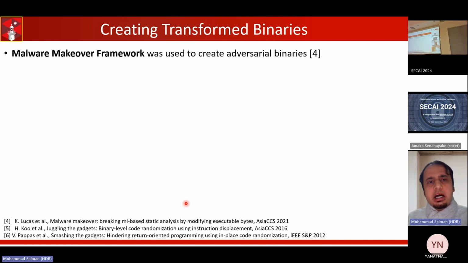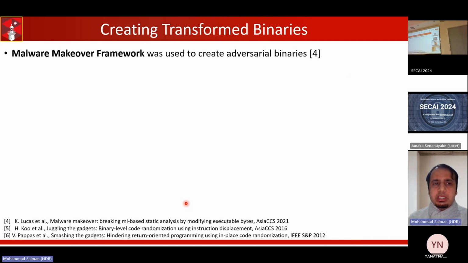So now let's see how we created transformed binaries, or how we generated adversarial binaries. We use a recent tool, the Malware Makeover framework, to generate adversarial binaries. We received the private version of the Malware Makeover framework through direct correspondence with the author.